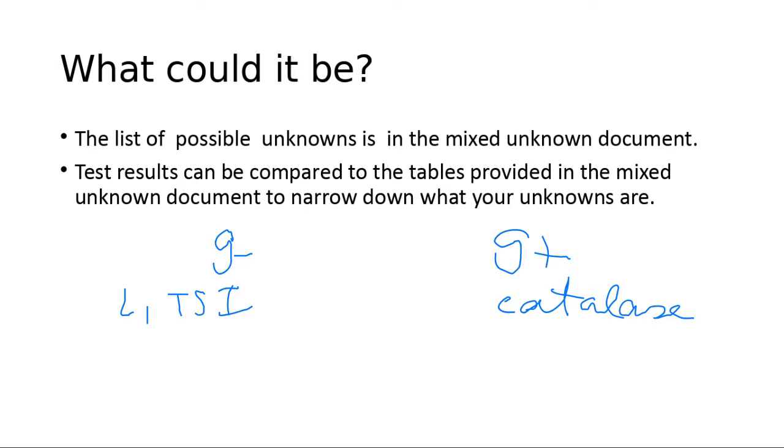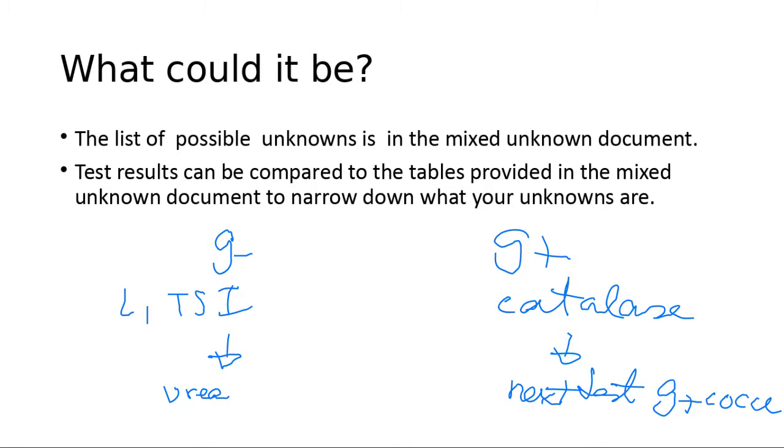And I'm going to go back in there and narrow it down even further, this time based on my results for the urea test and, for my gram positive, on the results for my next test that I read today for my gram-positive cocci. Are there any questions?